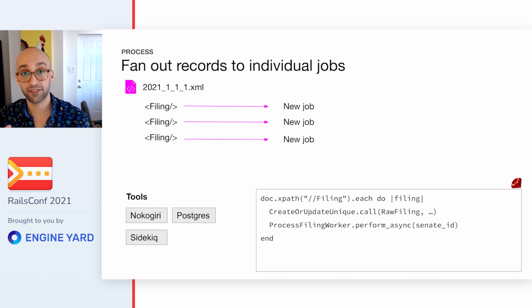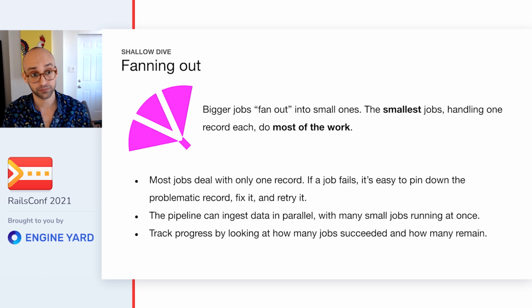So again, we're fanning out, we're spawning off more jobs because within the XML file, we have 1,000 filings and we're spawning off a job for each one of those filings using Postgres as sort of an intermediate storage layer where we keep each individual filing's raw XML so that it can be consumed by the job that is just processing one filing at a time.